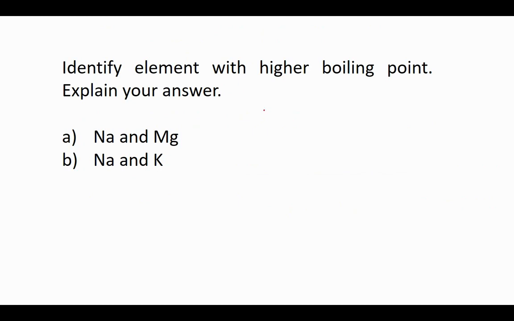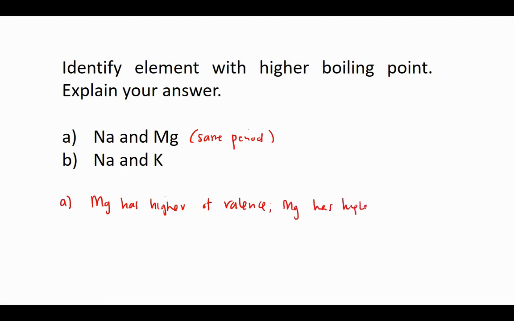Now let's identify element with higher boiling point. For question A, between Na and Mg, these are elements from the same period. So Mg has higher number of valence electrons. Therefore, Mg has higher boiling point.